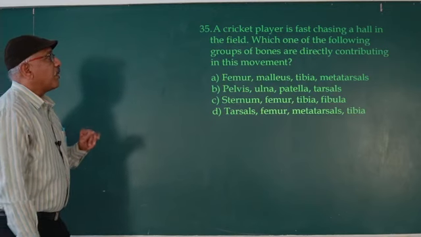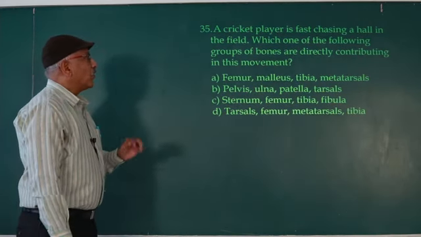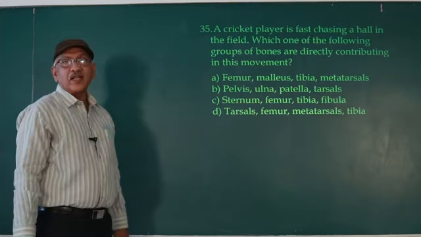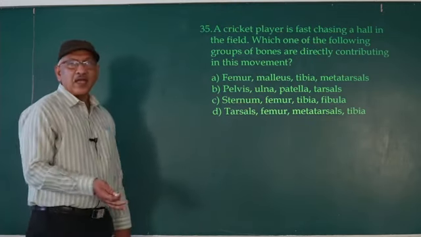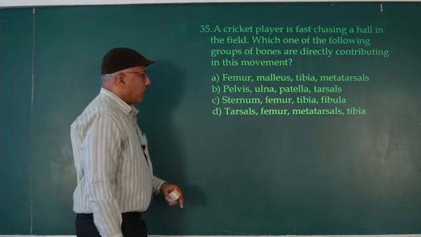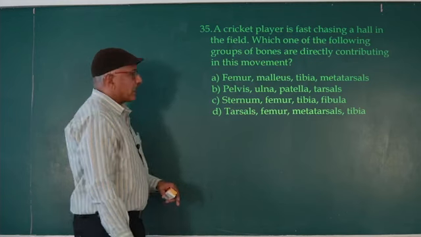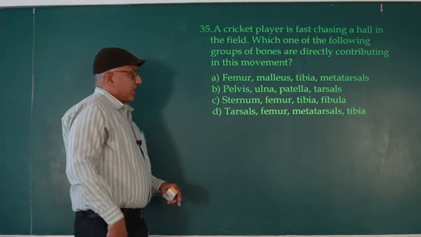A cricket player is fast chasing a ball in the field. Which one of the following groups of bones are directly contributing in this movement? You have to identify the bones present in the leg. Tarsals are present in the ankle. Femur is the bone present in the thigh.